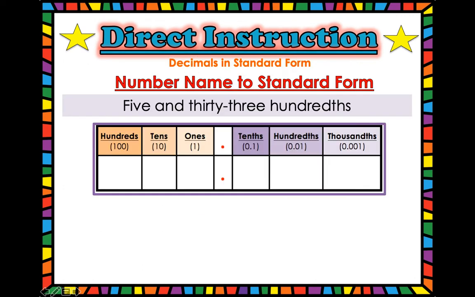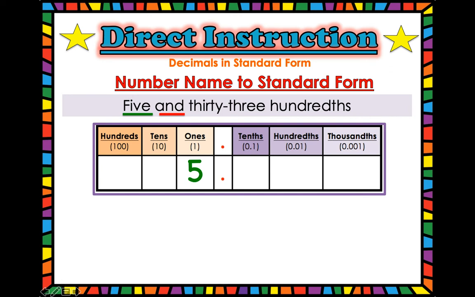Okay, so now we're going to look at our decimal place value. We're only going up to hundredths right now. So we have 5 and 33 hundredths. Okay, so we see the 5, so we know that that's going to go in the ones place. And we see the "and," right? And we know that the "and" represents the decimal. So we know that the 33 hundredths is going to go after the decimal.